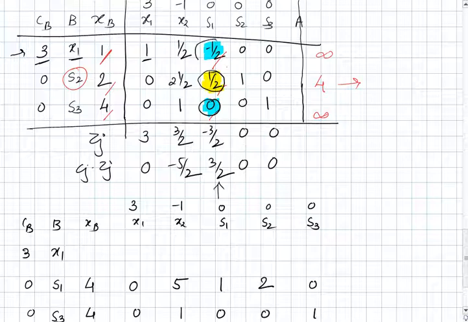And to make this entry 0, we will just add these two rows, so directly we get that 0 entry. Adding the two rows, we have 3, then 1 plus 0 is 1, 5 by 2 plus 1 by 2, 2 and a half plus half, is 3. Here it is 0, here it will be 1, and here it is 0.